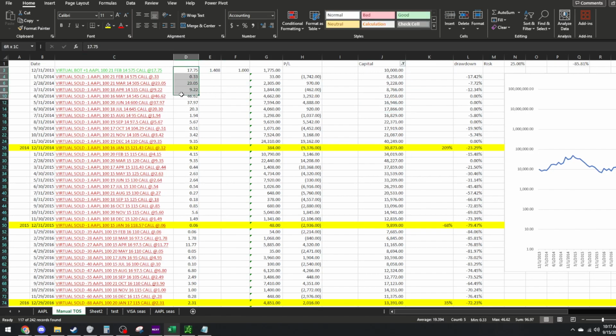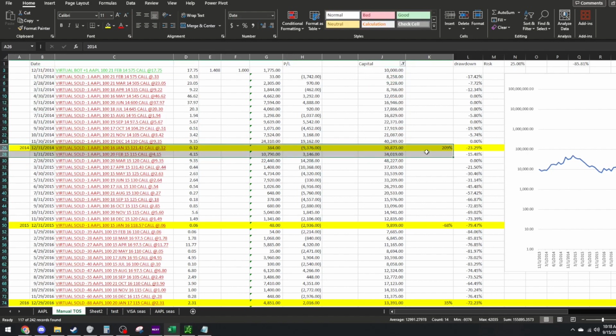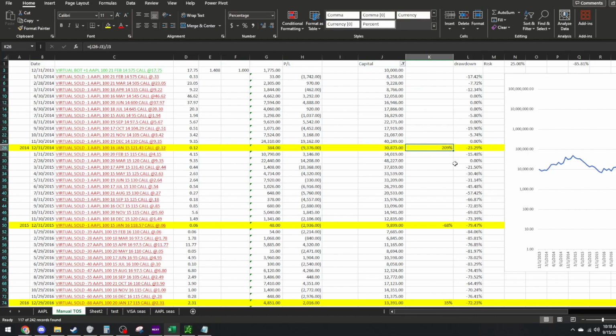So basically, you have the sell price for each sale. This is just showing all the ending balances for each month. So you can see for the year of 2014, we gained on our $10,000 account 209%, right? So we went from 10,000 to almost just under 31,000. Now this isn't accounting for capital gains tax.